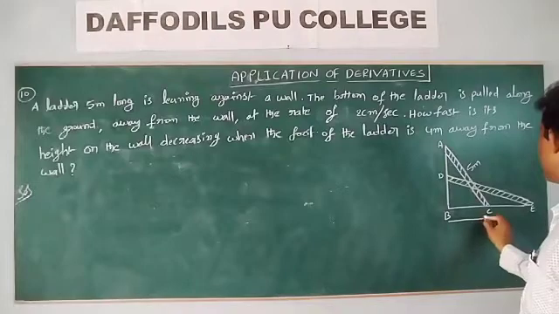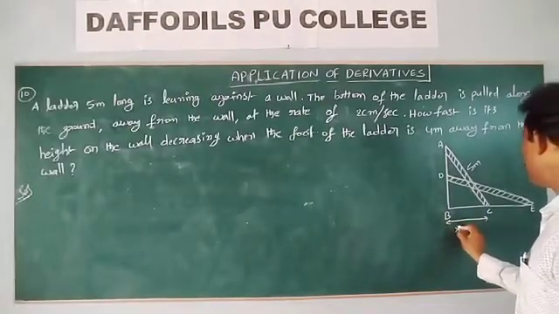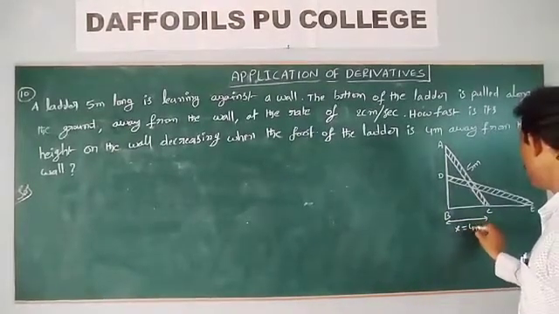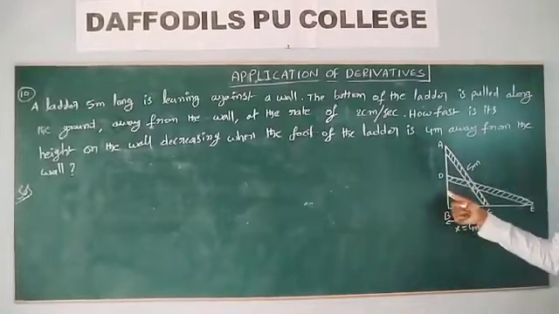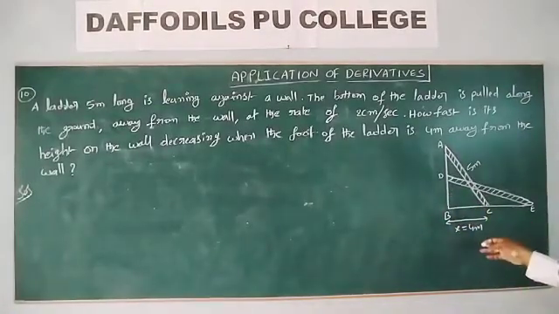Let this length be x, which is already given as 4 meter, from the wall to the foot of the ladder.